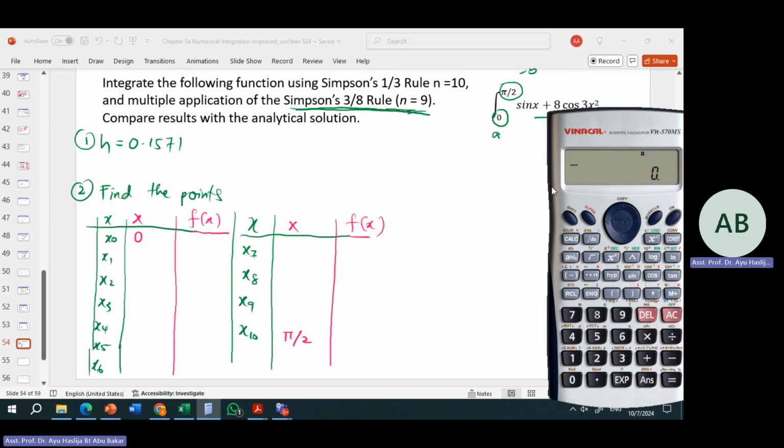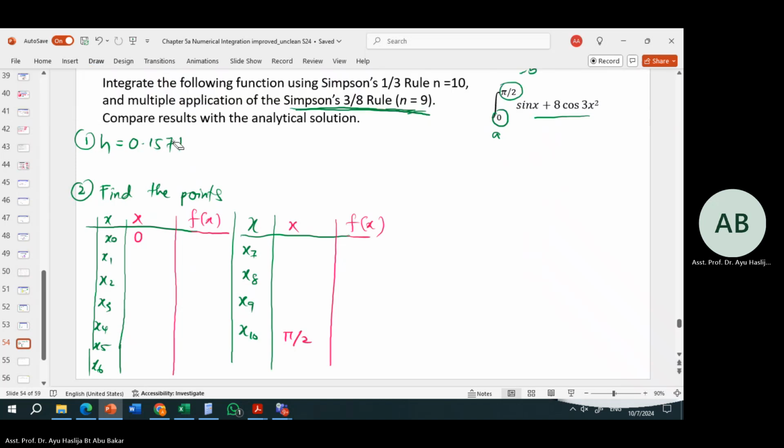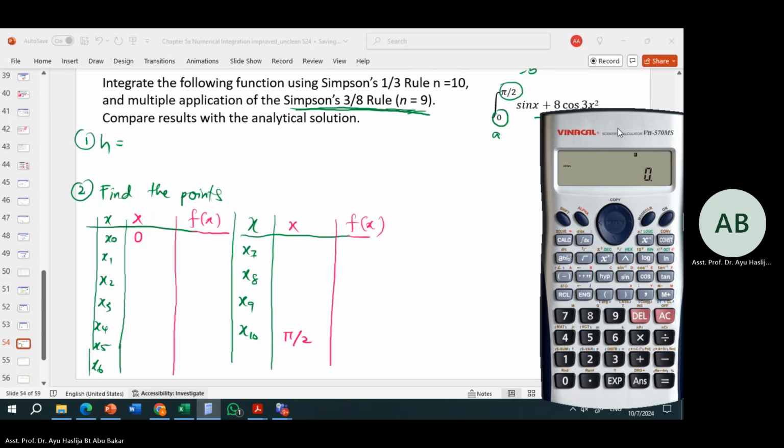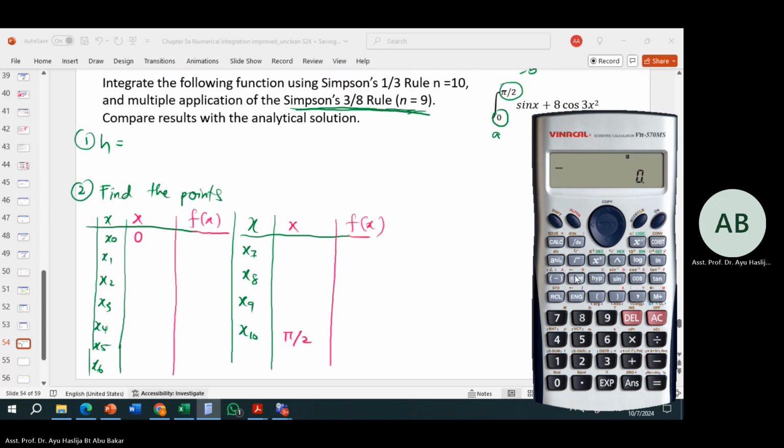Sorry, the 0.174 is for n equals to 10. My mistake. 0.1745.